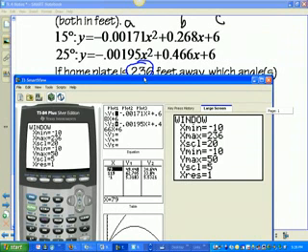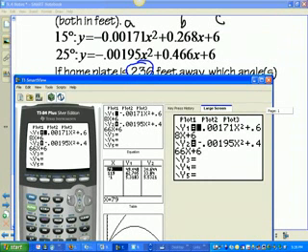Let's make sure I type those in here again. Negative 0.00171x squared. Man, I really messed up on this one. I got the wrong equation in there. Plus 0.268.